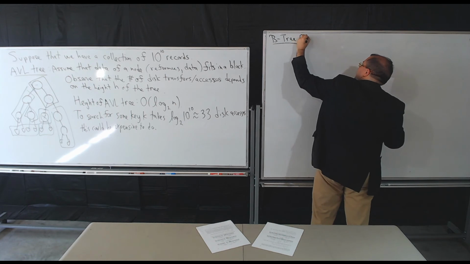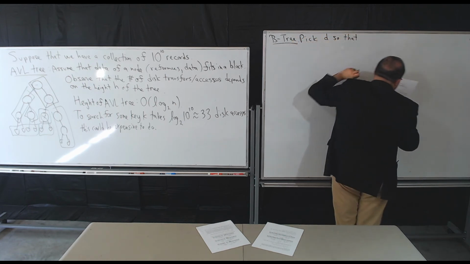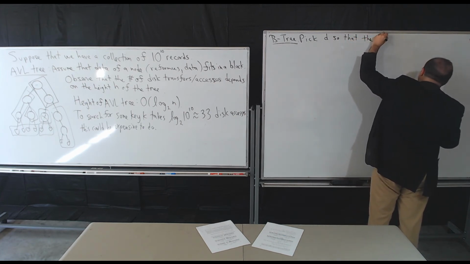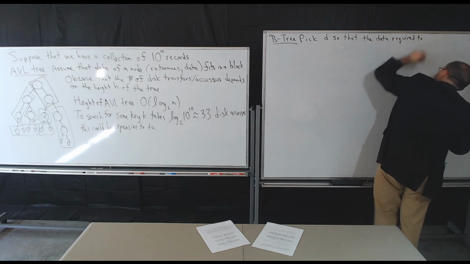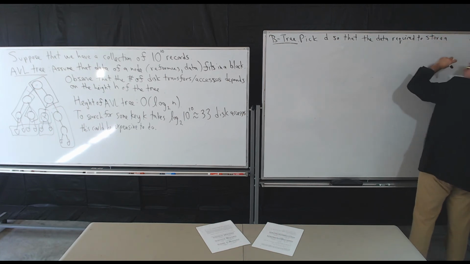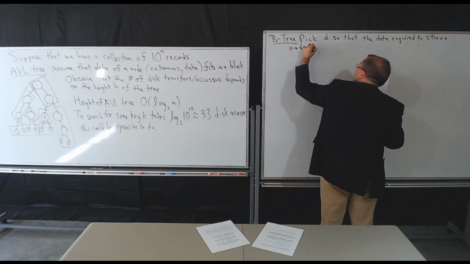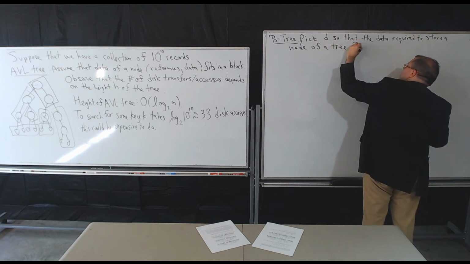But we're just going to pick D so that the data required to store a node in a node of a tree fits in a block.